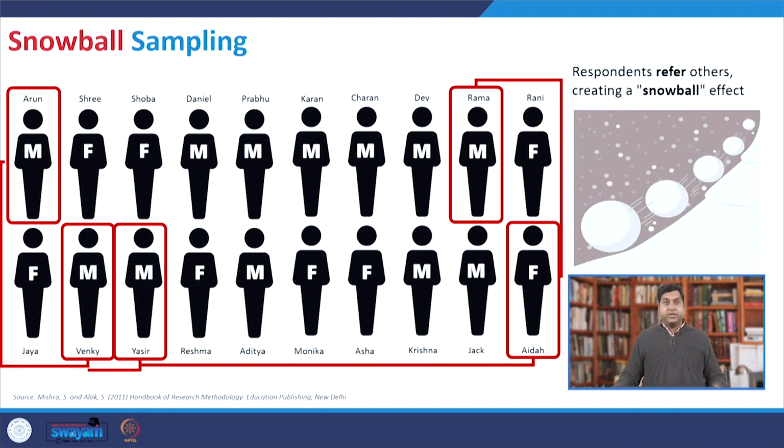Nowadays a very interesting and trendy sampling technique is called snowball sampling. It is like a snowball rolling down from a higher altitude towards the bottom: during rolling it gathers more ice and becomes bigger and bigger.